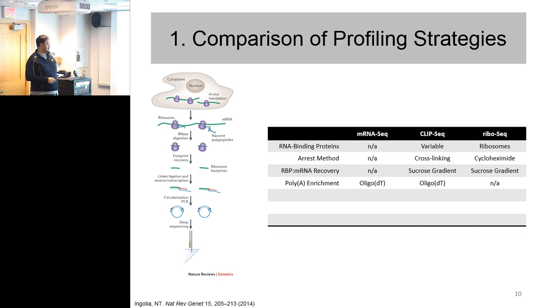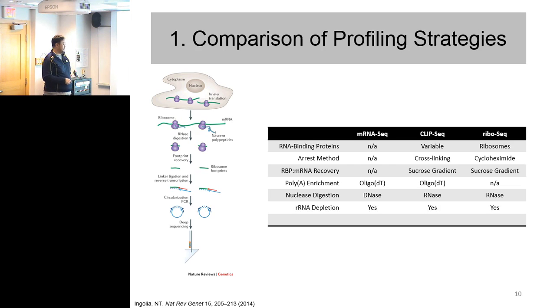The major difference between CLIP-seq and those methods and Ribo-seq is that with CLIP-seq you can still do an oligo-dT enrichment. With Ribo-seq you can't. And because of that, I'll go into a little bit more detail why that's an issue. And then nuclease digestion across those two methods is the same.